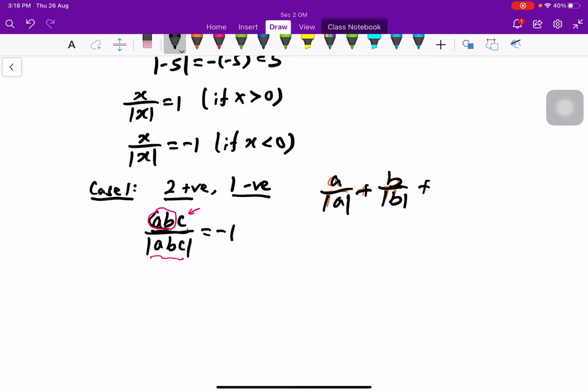Can I assume that these 2 are positive? Therefore, I will get 1, 1, and then this is minus 1. Therefore, the answer is a positive 1.